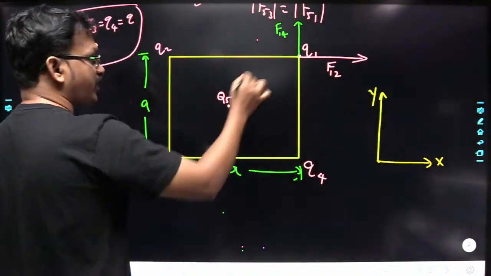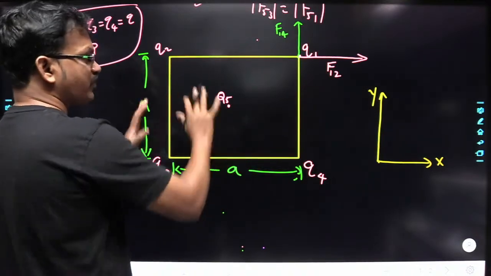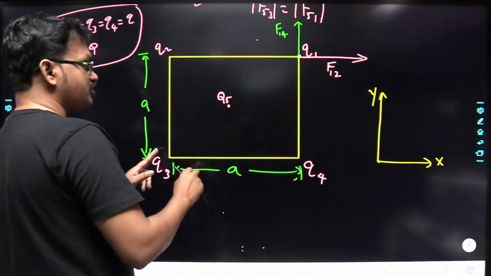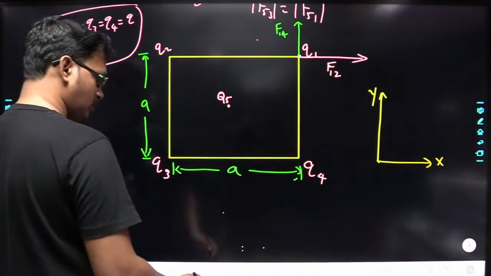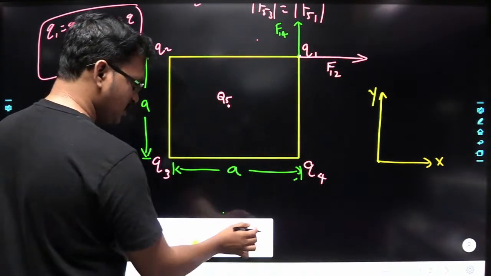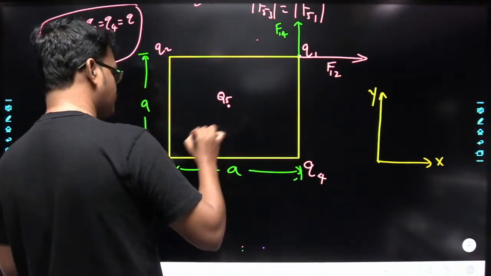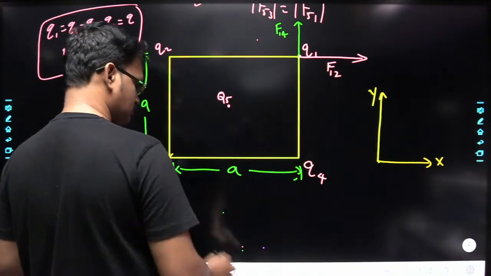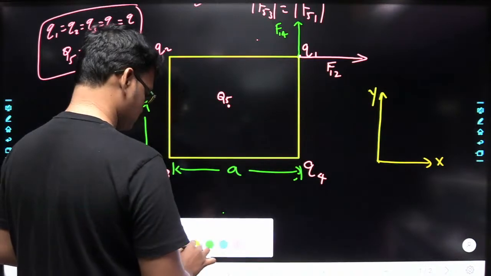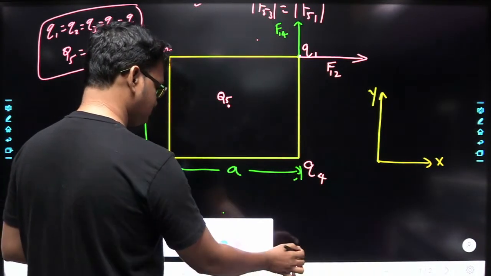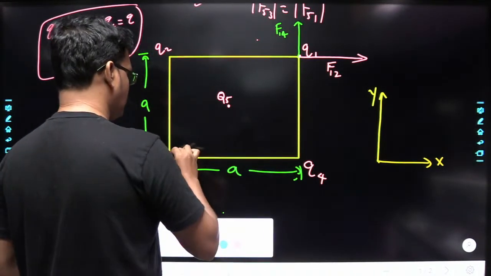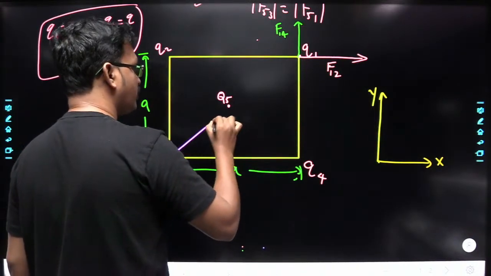So due to Q3, in which direction is it going to experience the force? Forget about all other charges here. Consider Q3 and Q1. Understood? Okay. So now in which direction is it going to experience the force? The direction of force must always be along the line joining the 2 point charges, right?